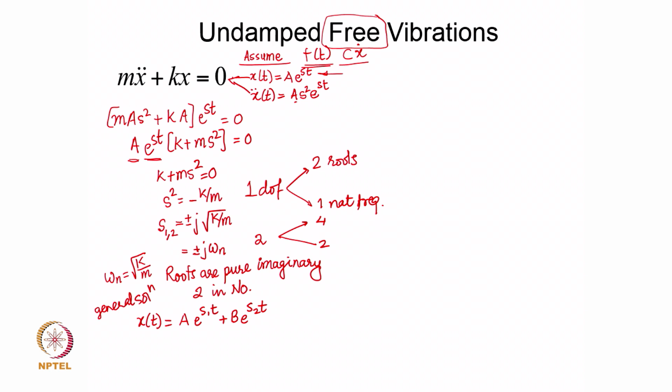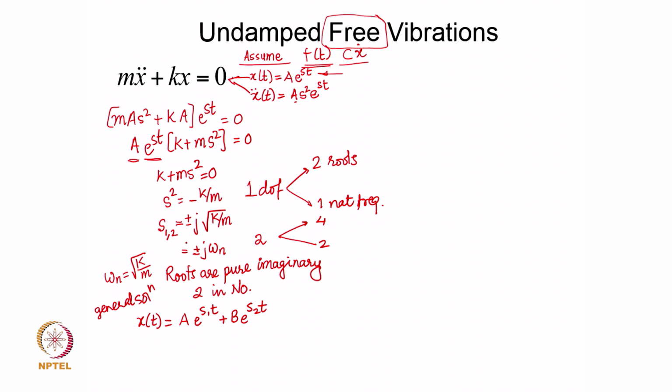Okay. So, because both s 1 and s 2 are the roots of this governing equation, I can write the general solution as x of t equals a e to the power s 1 t plus b e to the power s 2 t, where a and b need to be found. So, those are the unknowns that we would like to find.